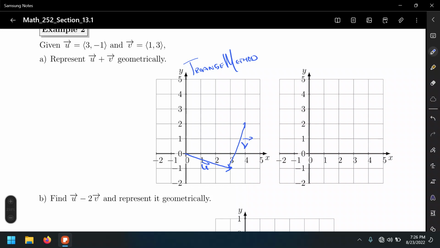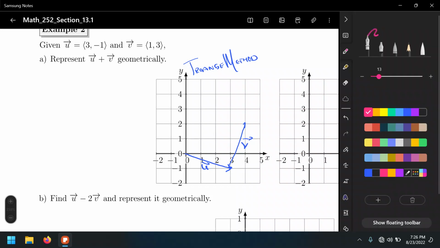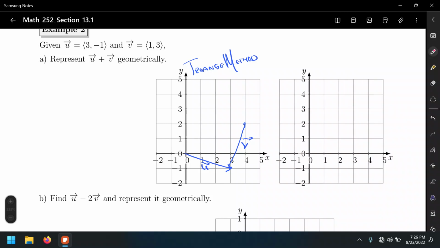All right? And then the addition of the two vectors is going to be the following: the tail of the first vector to the head of the second vector.